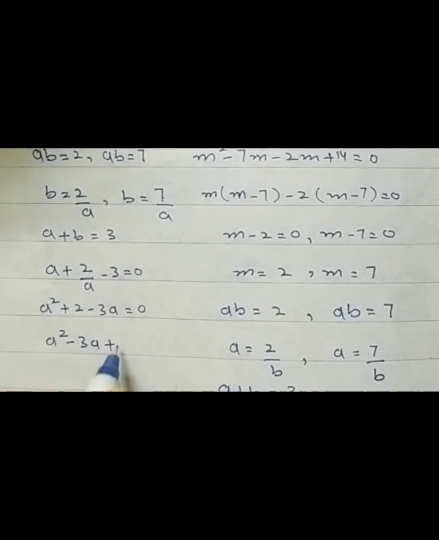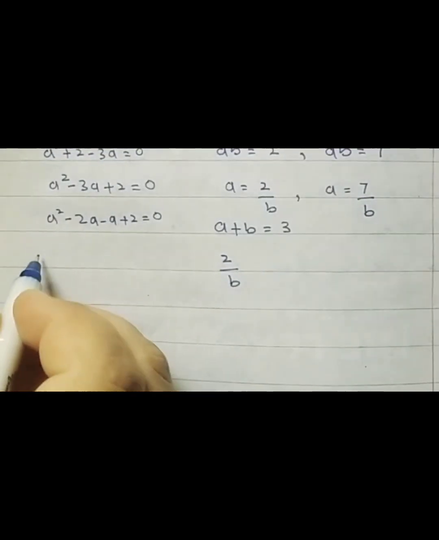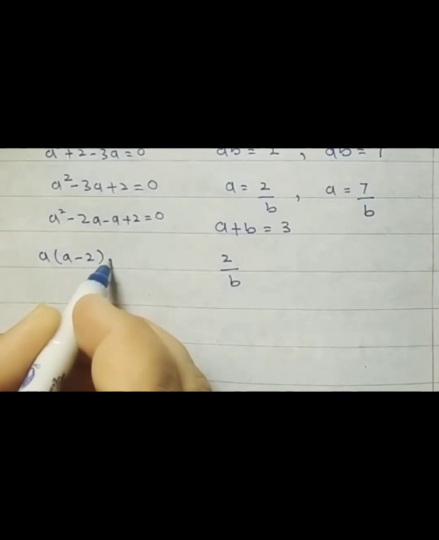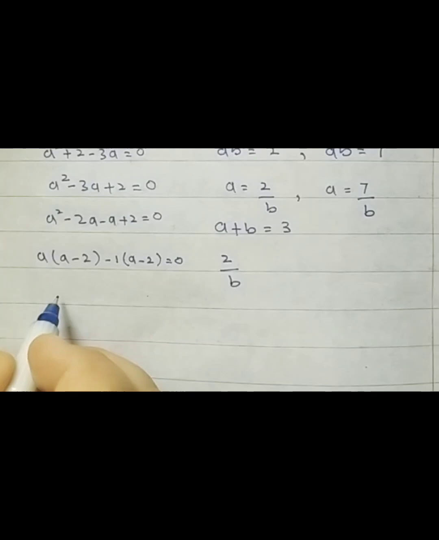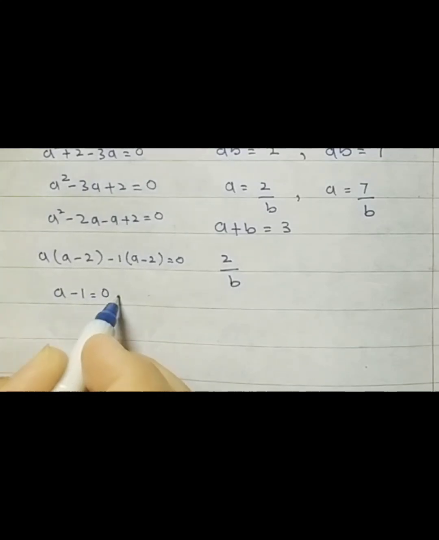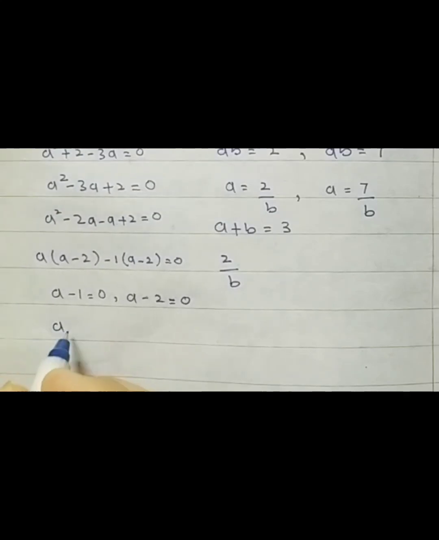a^2 minus 3a plus 2 is equal to 0, and the factors of minus 3a will be minus 2a and minus a. a is common and the remaining are a minus 2, minus 1 is common, and also the remaining are a minus 2. So a minus 1 is equal to 0 and a minus 2 is equal to 0. a is equal to 1 and a is equal to 2.